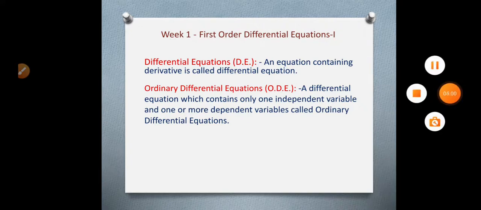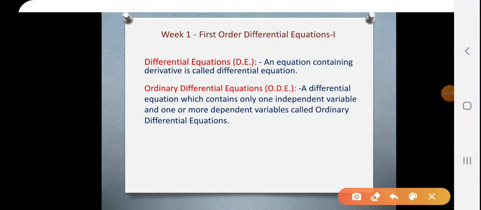A differential equation which contains only one independent variable and one or more dependent variables is called an ordinary differential equation. Only one independent variable and one or more dependent variables.